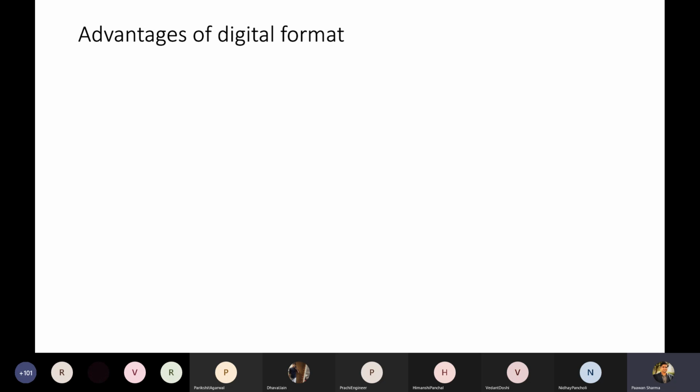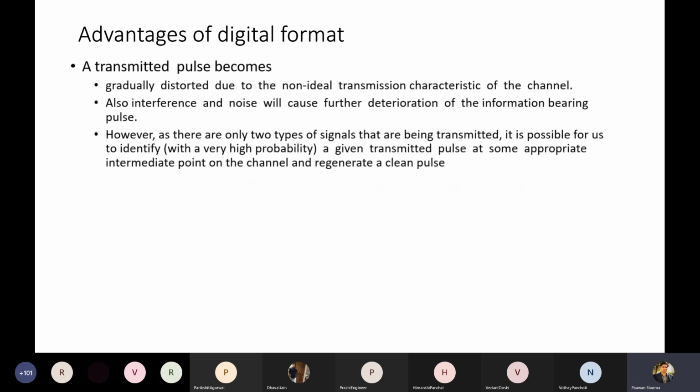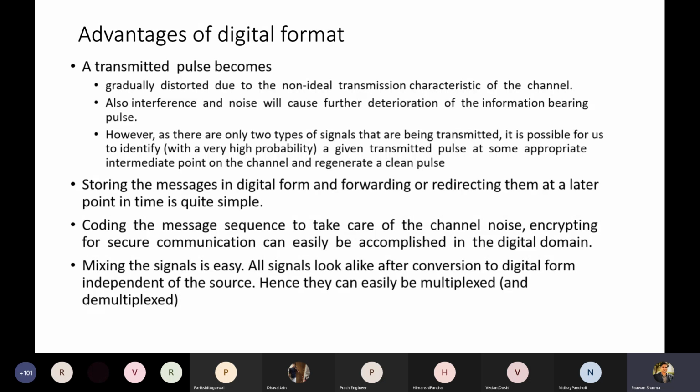Okay, so there are certain advantages of digital format. I think you all can read it, and they are very self-intuitive in nature. So digital has its own advantages, and how you can tackle problem of distortion, noise interference, signal mixing, multiplexing, etc. All these you can achieve using digital format.